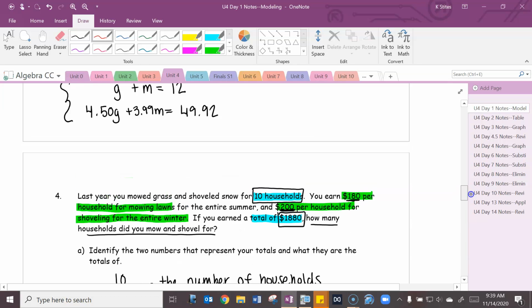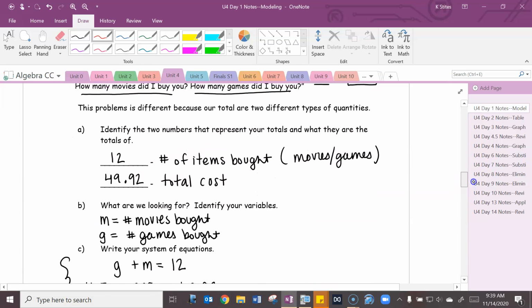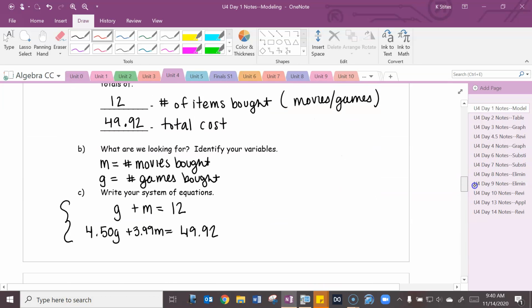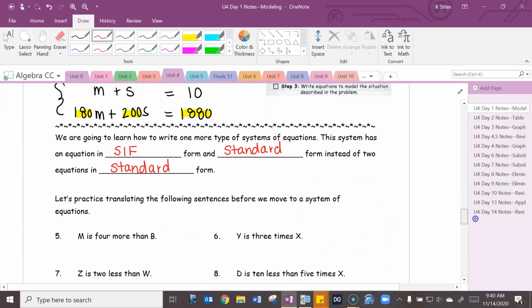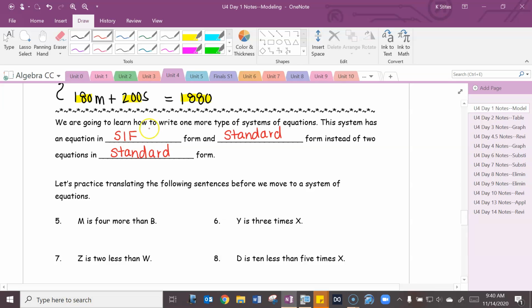If you remember, standard form is when our x's and y's are together on the same side. Of course, we're using different letters than x and y in this case, but they are still together. Slope-intercept form is where we have our y equals mx plus b. We're still going to be using different letters, but we're going to have a variable equal to something else.